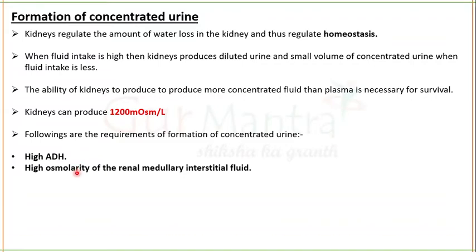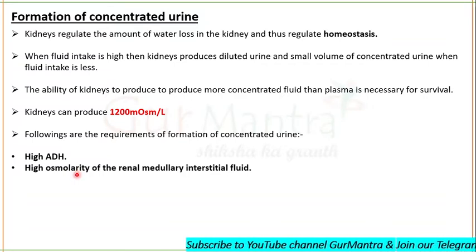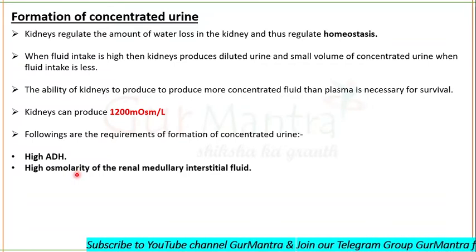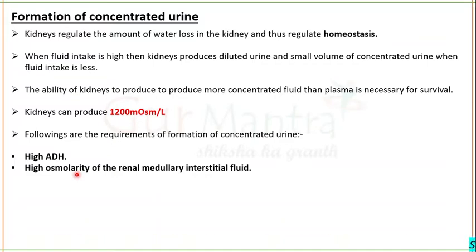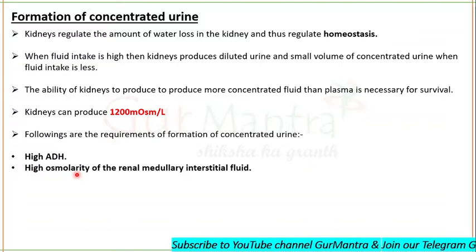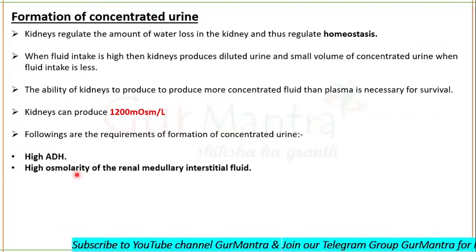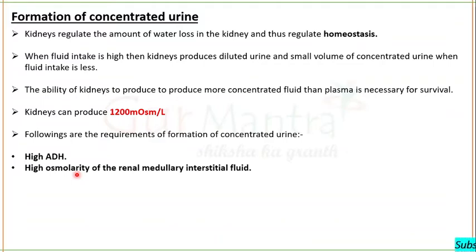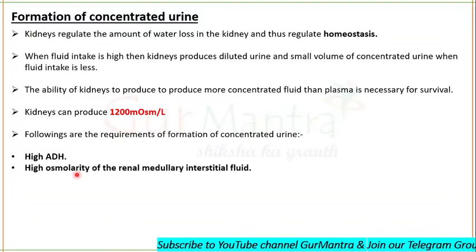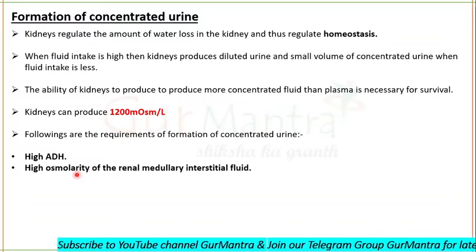Along with this, there is the requirement of high osmolarity of renal medullary interstitial fluid. Now you should know what is renal medullary interstitial fluid. I have told you about two types of nephron. One is juxtamedullary nephron, the other one is cortical nephron. You will see renal medullary interstitial fluid in your juxtamedullary nephron.